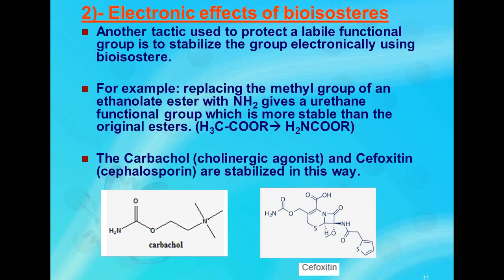Now coming to the electronic effects of the bioisosteres. Another tactic used to protect a labile functional group is to stabilize the group electronically using a bioisostere. For example, replacing the methyl group of an ethanolate ester with NH2 gives a urethane functional group, which is more stable than the original ester.